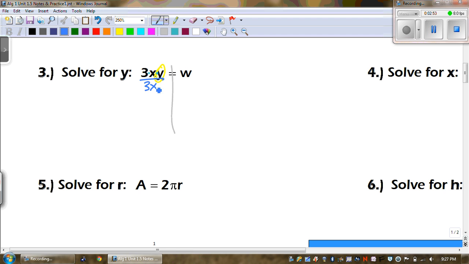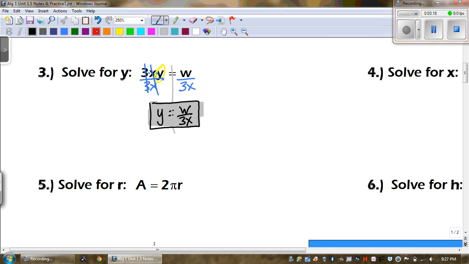So you would divide both sides by 3x. My 3's cancel, my x cancels, and now all by itself is y. And what does y equal? Well, y equals w over 3x.